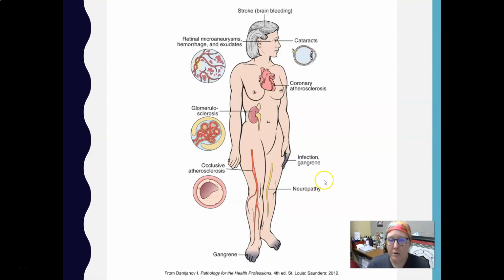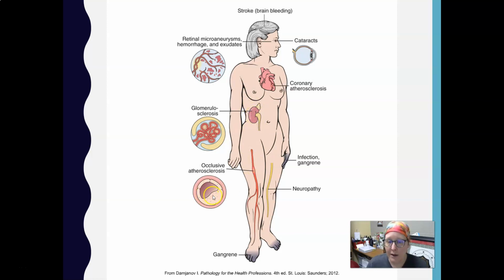So these are general complications of diabetes, but especially type 2 diabetes. We have stroke or brain bleeding, we have cataracts, retinal microaneurysms, hemorrhage and exudates, all that for the eyes. For the heart, we have atherosclerosis in the coronaries. We have glomerulosclerosis and kidney damage. You can develop chronic kidney disease.